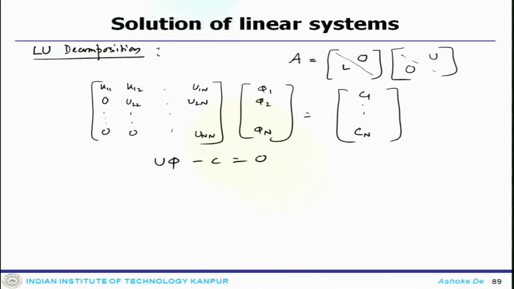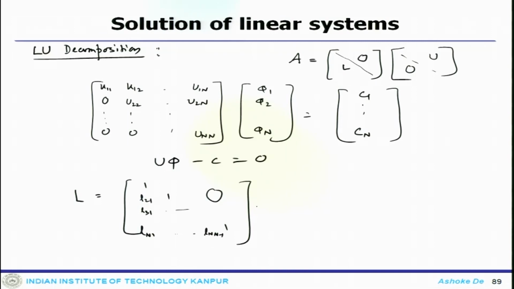Now, if L is the unit lower triangular matrix with all the diagonal elements set to 1, in order to make this factorization unique, then one can represent L as 1, 1 and so on, with all zeros above the diagonal, and below it L21, L31, and so on, Ln1, up to Ln n minus 1.